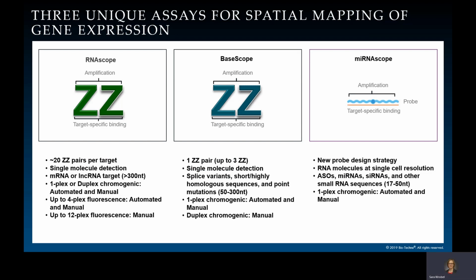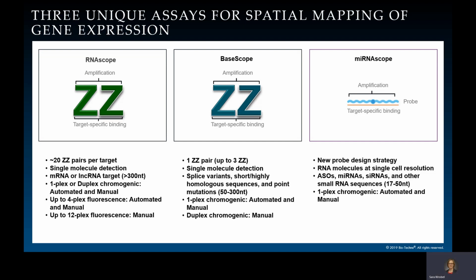We have RNAscope, which allows the detection of RNA targets of greater than 300 nucleotides in length, providing single molecule and single cell detection. And there are a number of different assay options for our RNAscope platform, going from both chromogenic and fluorescent detection, from a single plex fluorescence all the way up to a 12 and now potentially a 48 plex.